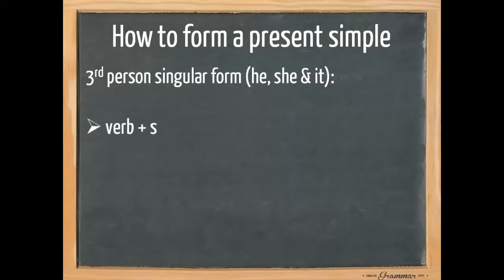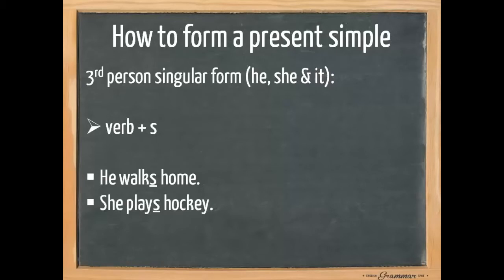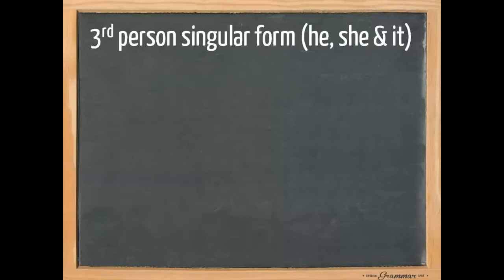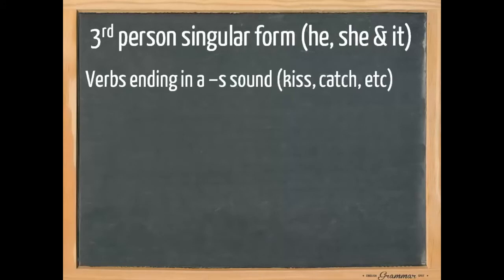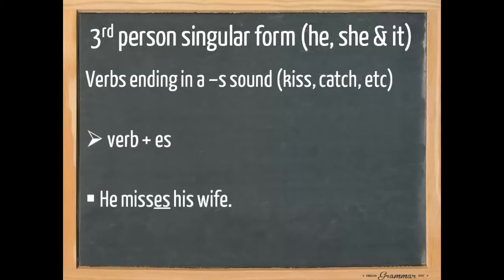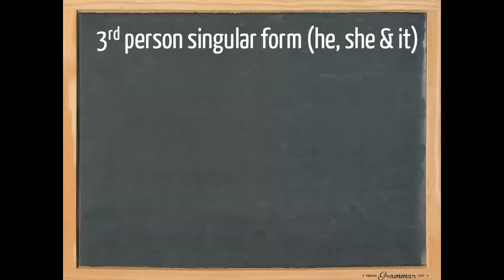For the third person singular form, he, she and it, we do something else. We use the infinitive form of the verb but we add an S. For example, he walks home. She plays hockey. It rains on St. Swithin's Day. We need to pay extra attention when verbs end in an S sound, such as kiss and catch. We use the infinitive form of the verb but we add ES. He misses his wife. She teaches English.